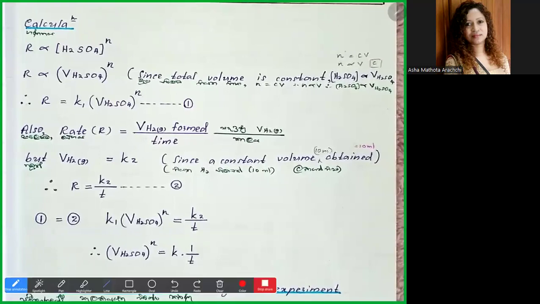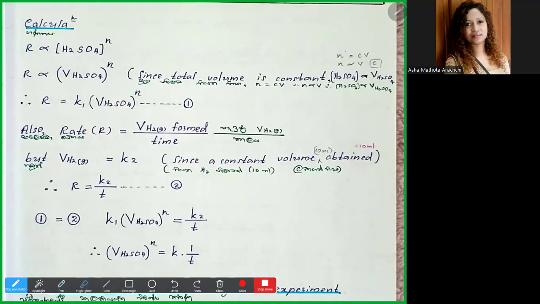Okay, let me explain this calculation again. So the concentration is proportional, but we are not measuring the concentration, we are measuring the volume. So I am coming from concentration to volume, and then to remove the proportionality sign, adding the proportionality constant. At the same time, I can write the second expression, R equals formed H2 divided by time.